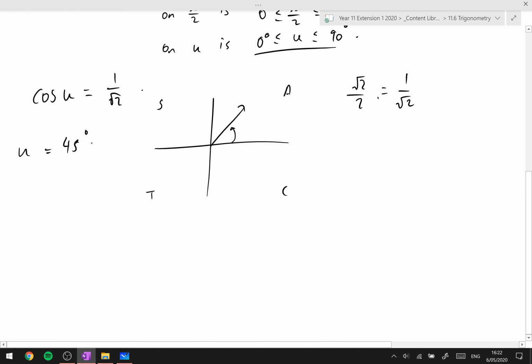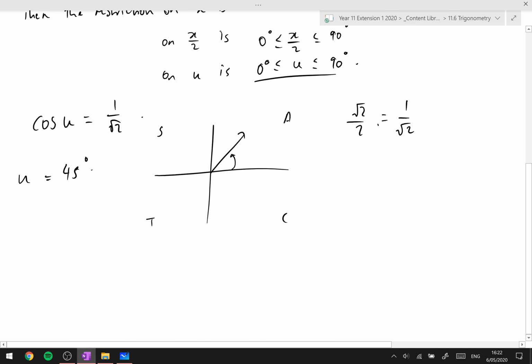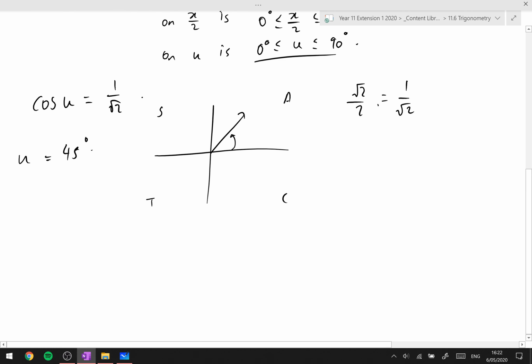It's 45 degrees, okay? Because cos of 45 degrees is equal to 1 on root 2. So u is equal to 45 degrees. So again, this is our u value, so u is equal to 45 degrees, okay? And that's that one there. Okay, so our ray is 45 degrees in the u.